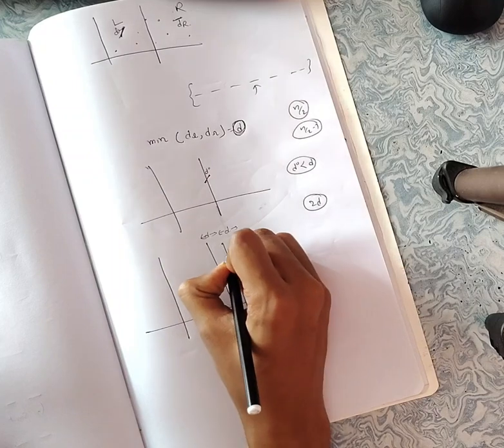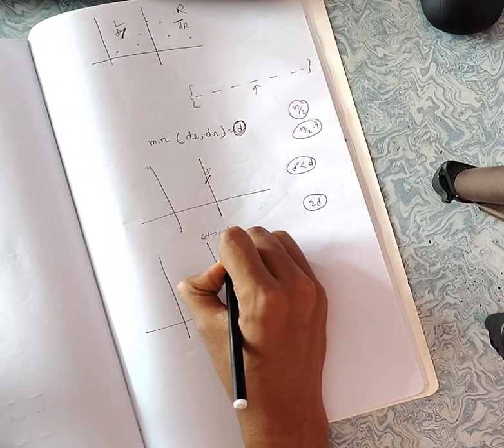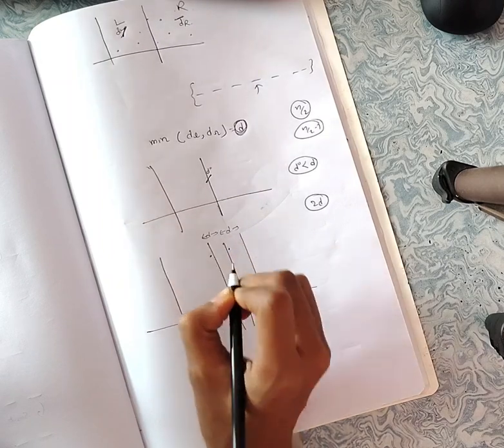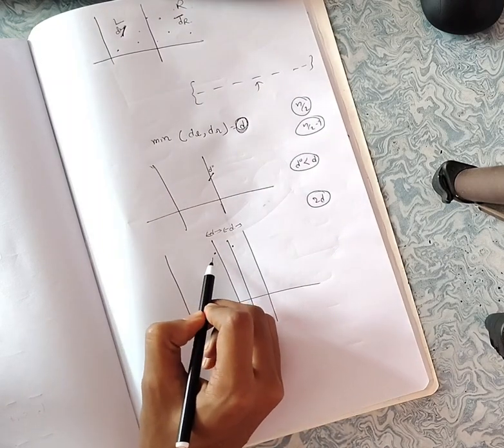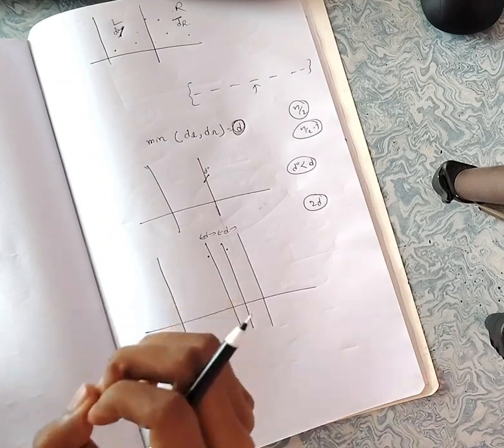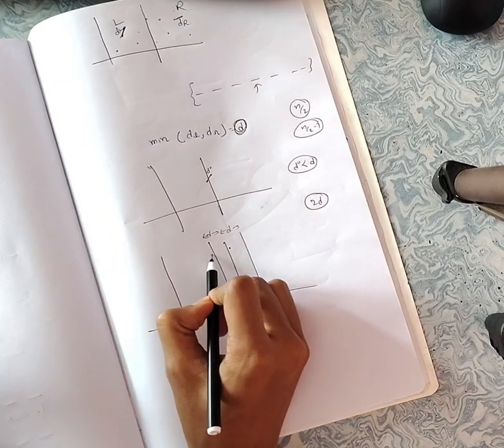Why are we considering this? Because suppose here is a point on the right part, and here is a point on the left part that is beyond this d, slightly outside this part.